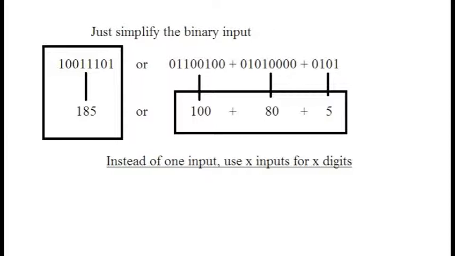What I did instead, when we see say 100111101, which is in decimal 185, I simply split that up into the three digits that it composes, which is the 100s, the 10s, the ones.